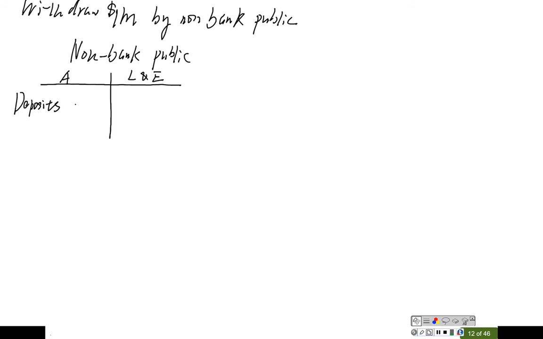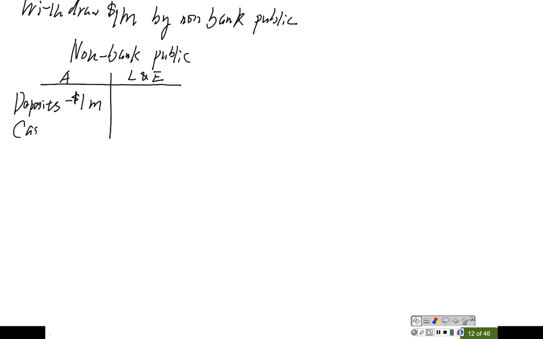Since there's a withdrawal of the $1 million, the deposit will decline by $1 million. So we use the negative side to mean deposit declined. So after non-bank public get cash, cash also belong to the non-bank public. It's part of their asset too.